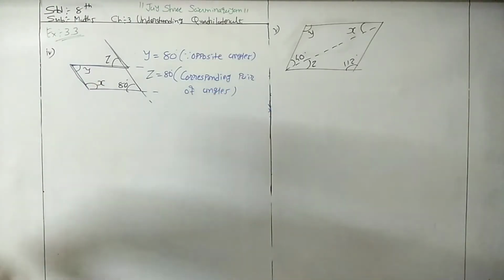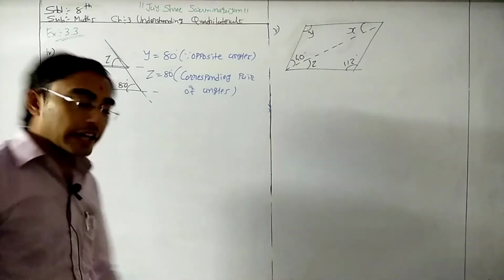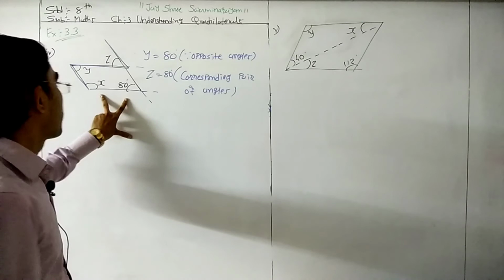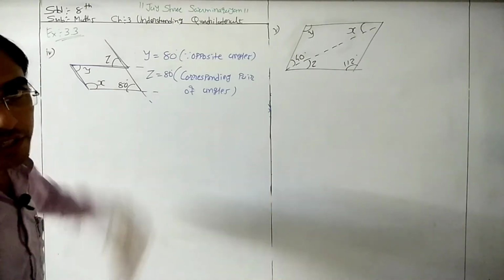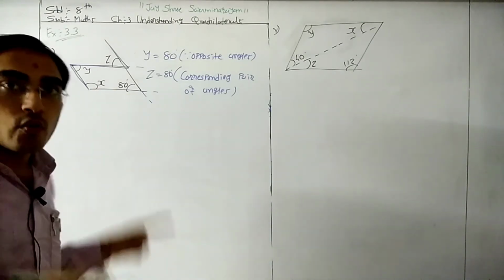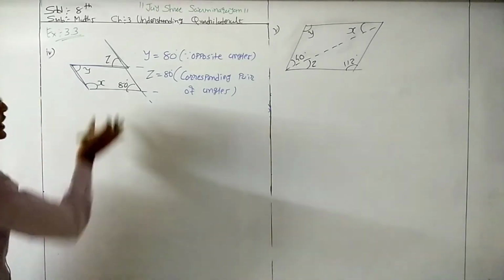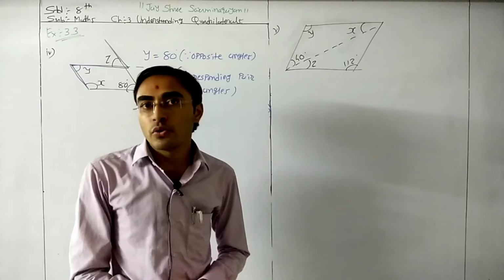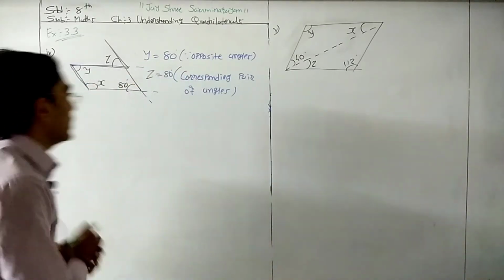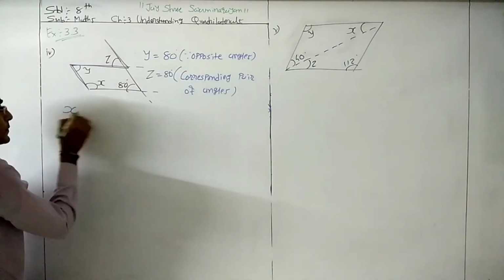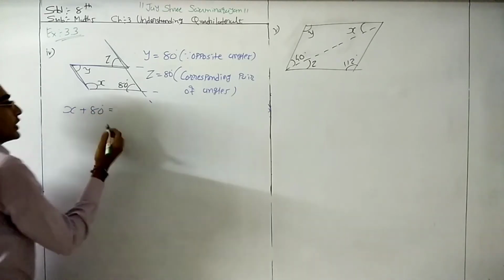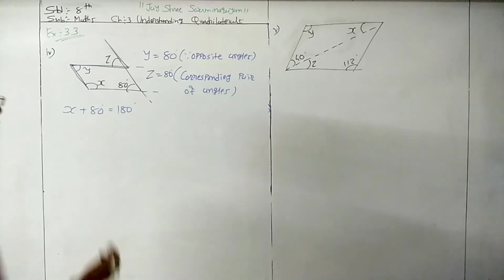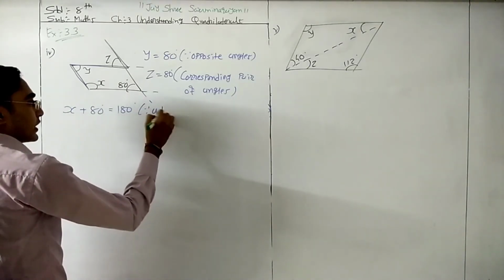Then we need to find the value of x. Here we can use the adjacent angles property, right? That means x plus 80 degrees is equal to 180 degrees. The sum of adjacent angles in a parallelogram is equal to 180 degrees. So x plus 80 degrees is equal to 180 degrees because of adjacent angles.